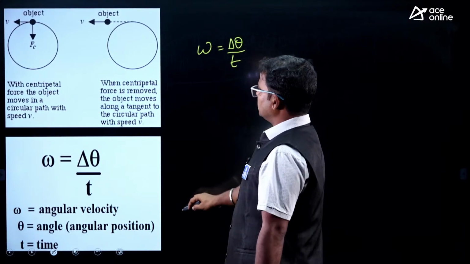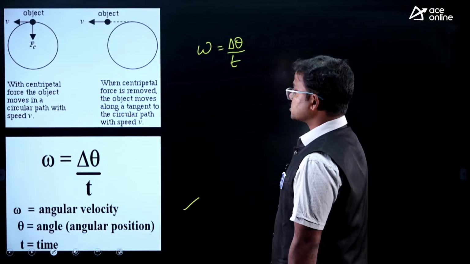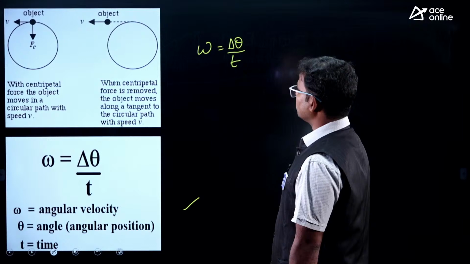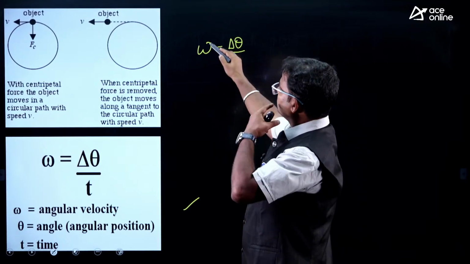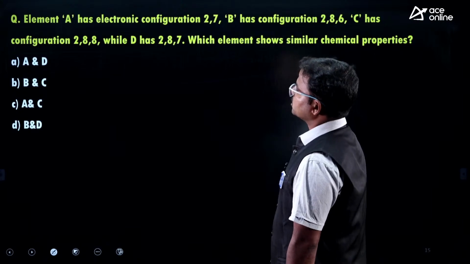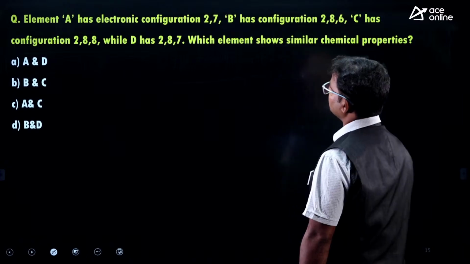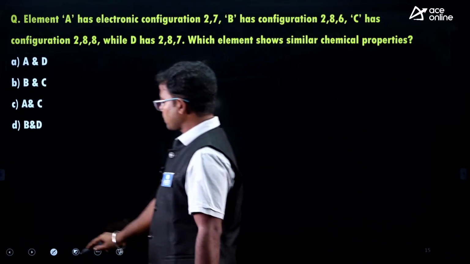Here Δθ indicates angle and t indicates time. So this is angular velocity.